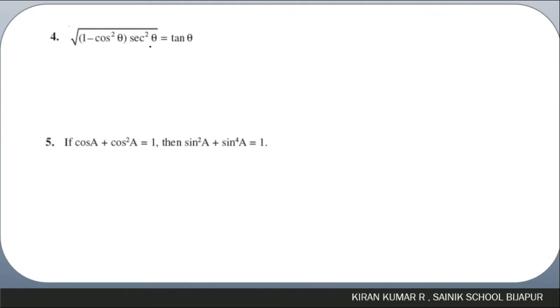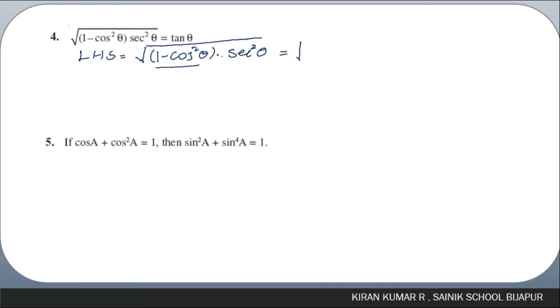To check whether it is true or false, we need to take LHS and show whether it is equal or not equal to RHS. So for that, I'll take LHS. The left hand side is root of 1 minus cos square theta multiplied by secant square theta.